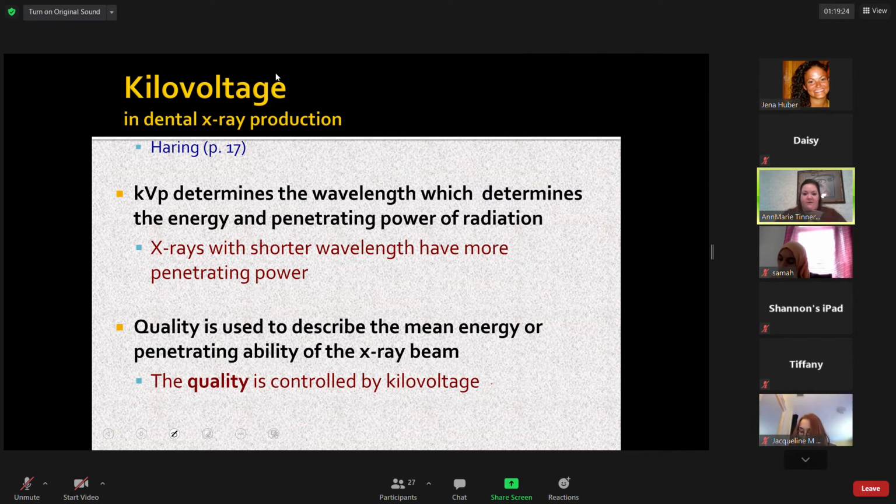All right, and you need to write this in because this is not on there, so please listen up and write this in. When you increase your voltage, you're going to have a shorter wavelength.